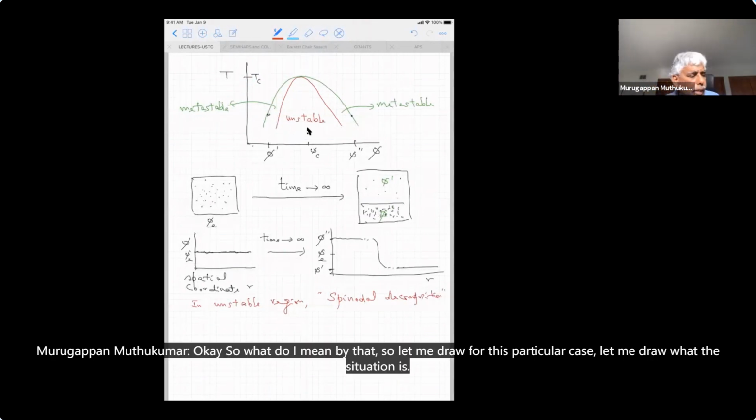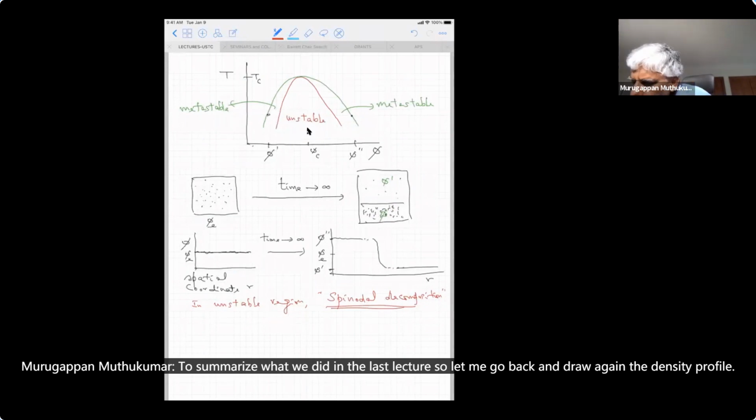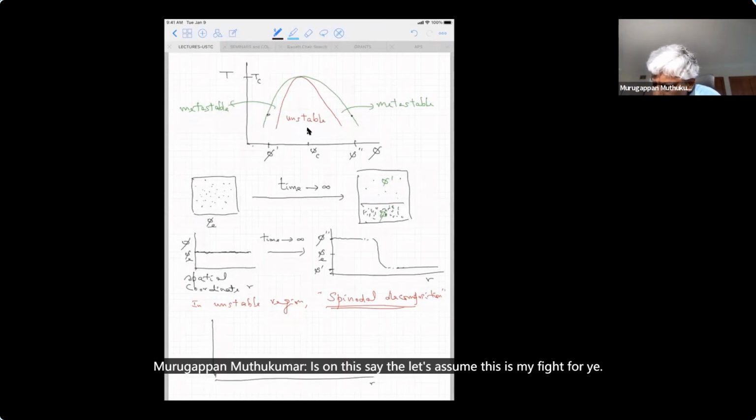Okay, so what do I mean by that? Let me draw what the situation is for this particular case. To summarize what we did in the last lecture, let me go back and draw again the density profile. This is R. Let's assume this is my phi E.